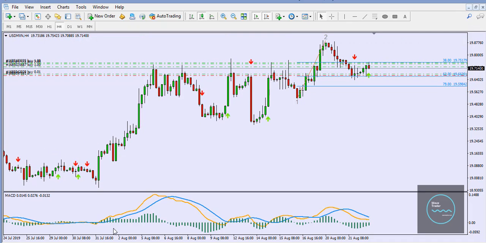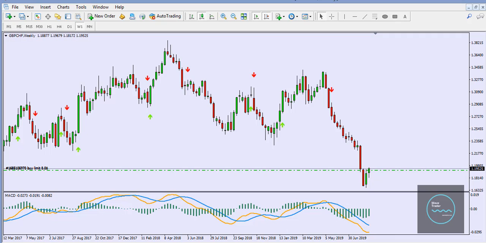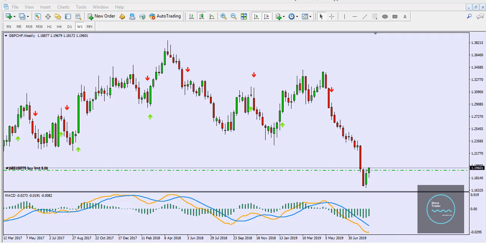Next up is the GBP/CHF pair. This is a counter trend buy, but as you can see, this is a weekly chart, so I still have the potential to make some pips before the market decides to resume its downward move.